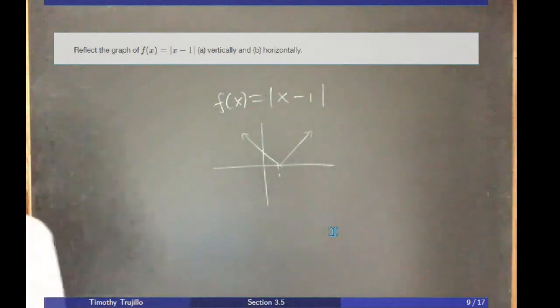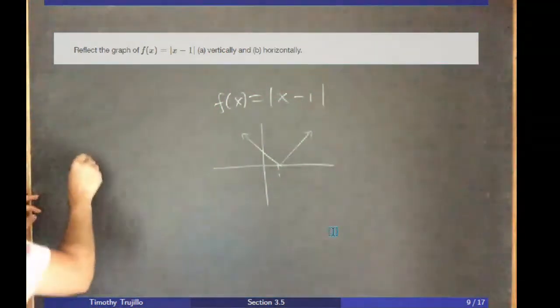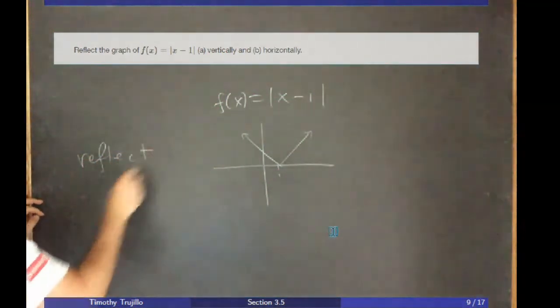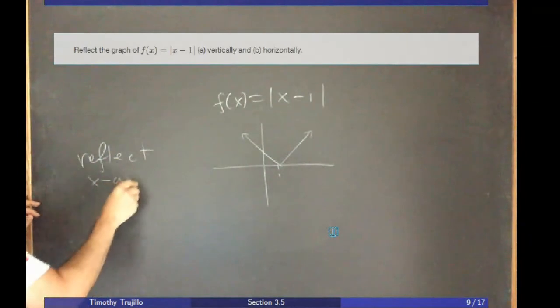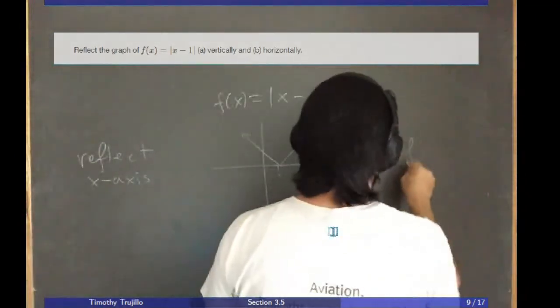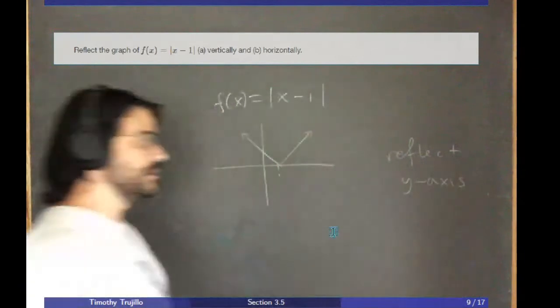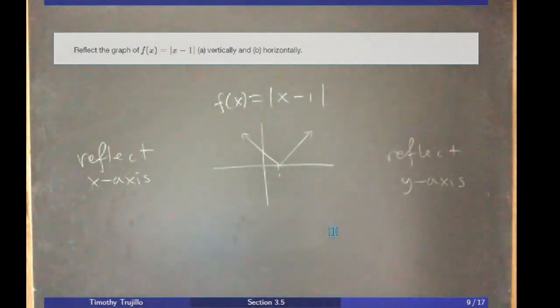And what we would like to do in this case is reflect it vertically, which is what's called reflecting across the x-axis. And then we'd like to reflect horizontally, which is reflecting across the y-axis.